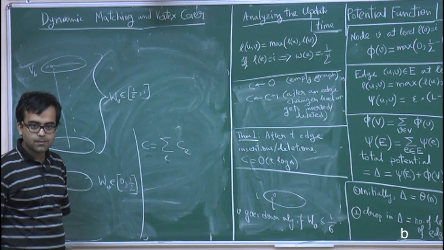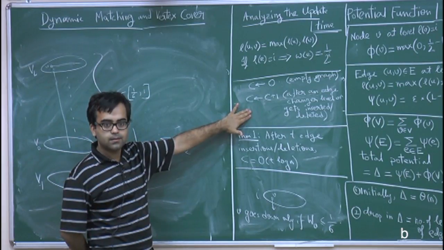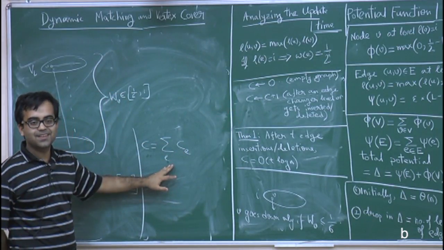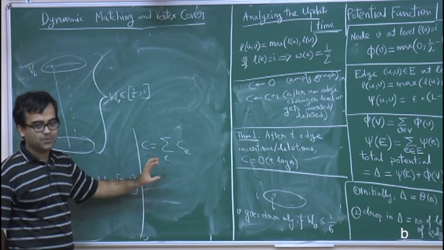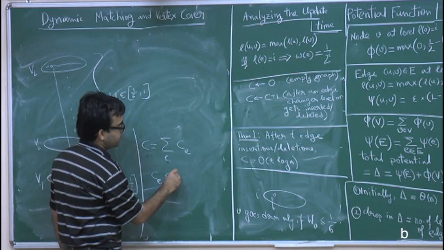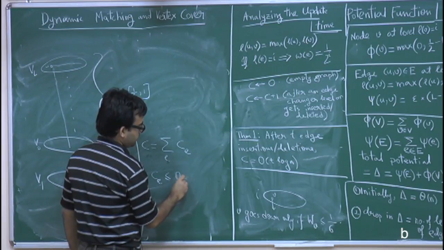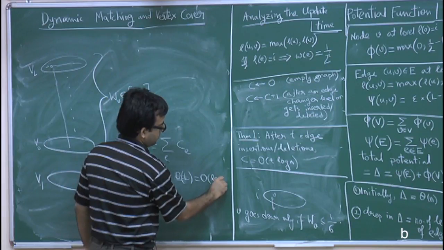Yes or no? I defined C, right? So, do you agree with this equality? Now, if the levels of edges only go up, can we say that each C is at most this?